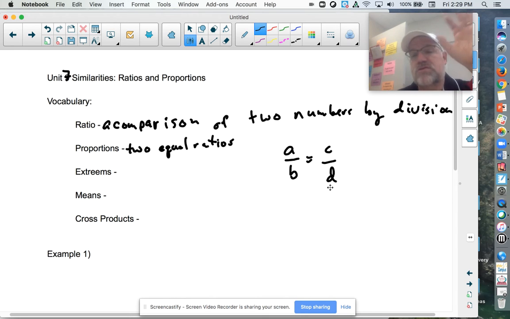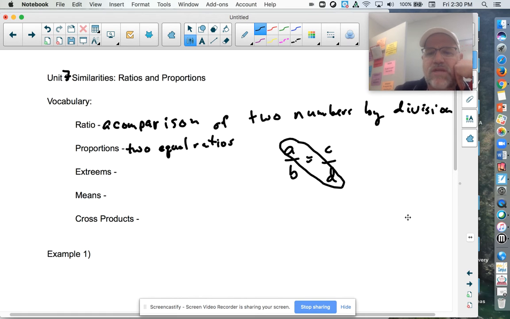So you have these notes to refer to, but if you ever see the word extremes, I'm referring to the A and the D, the top and the bottom. This is considered my extremes. And then the other two, the B and the C, are considered my means.